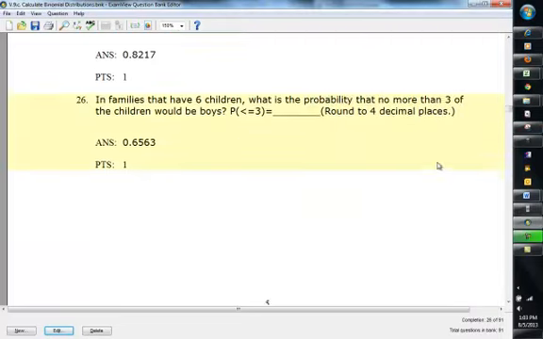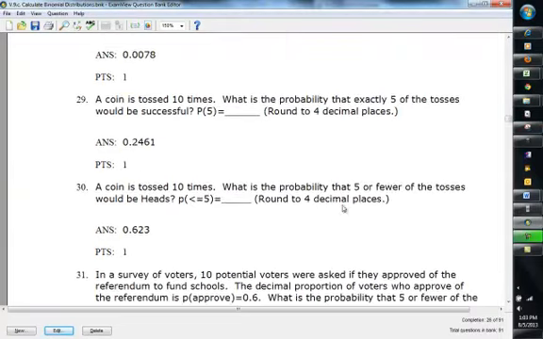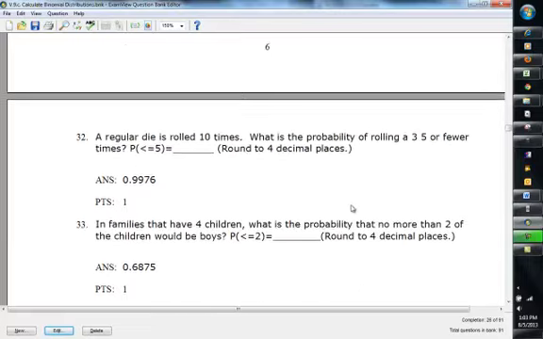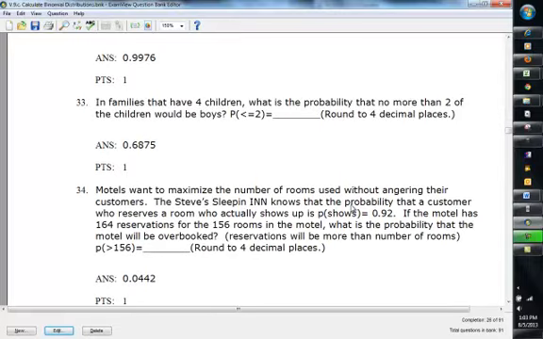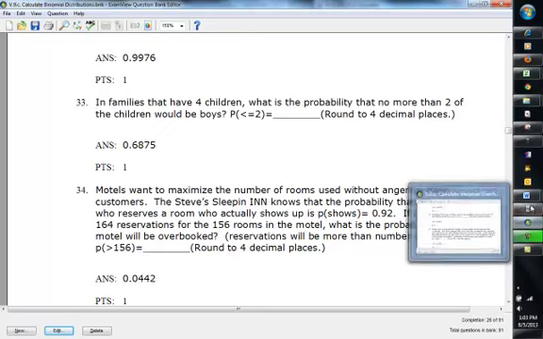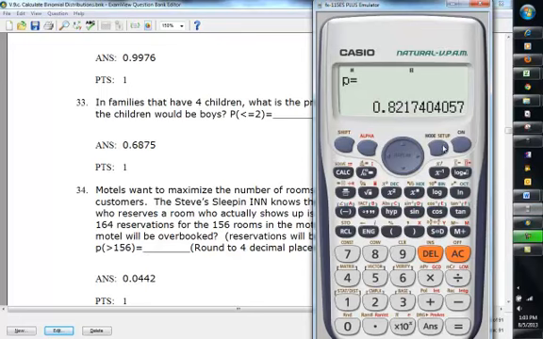Number. Let's do one that has families. Number 33. In families that have 4 children, what's the probability that no more than 2 of the children would be boys? In other words, less than or equal to 2. So this is cumulative again. So we go mode, distribution, number 3.